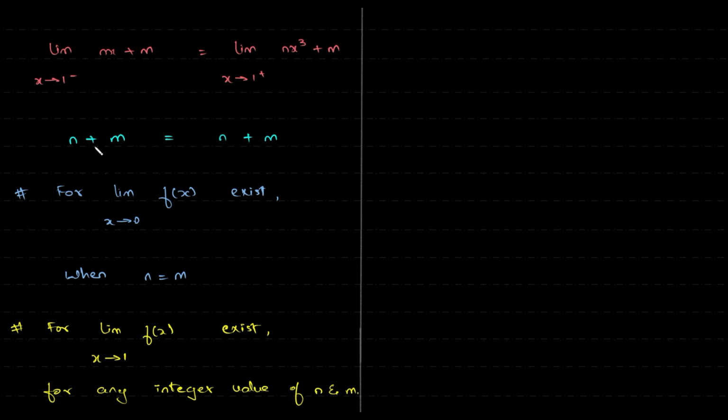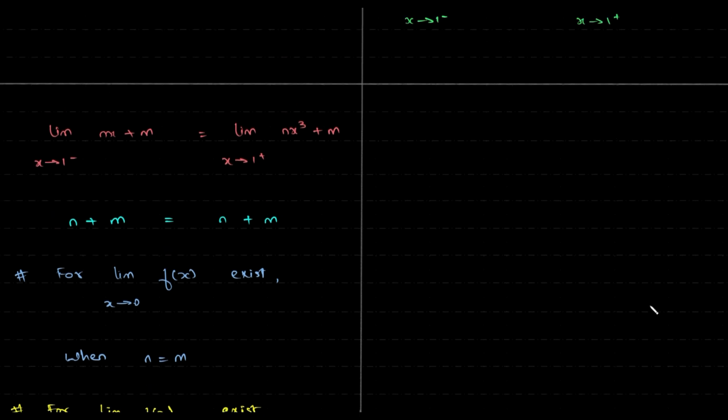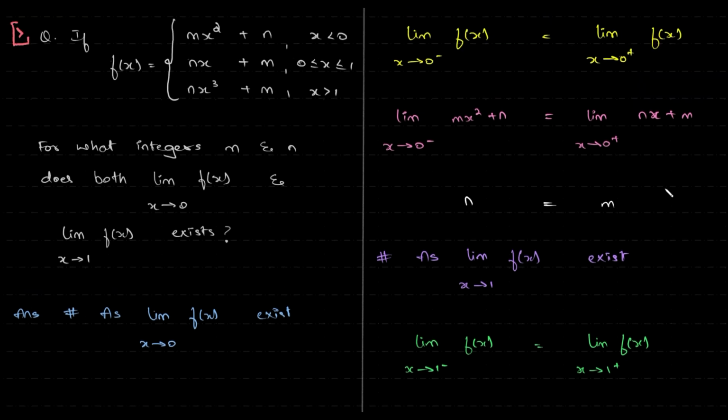You put any integer value, minus 10 plus 4, minus 10 plus 4. By default, we'll get the same expression on the LHS and on the RHS. So it doesn't matter what values of n and m we have, we end up with it being continuous at 1. But at 0, the condition is that n has to be equal to m. Right, that's what we got over here, and that's your conclusion.